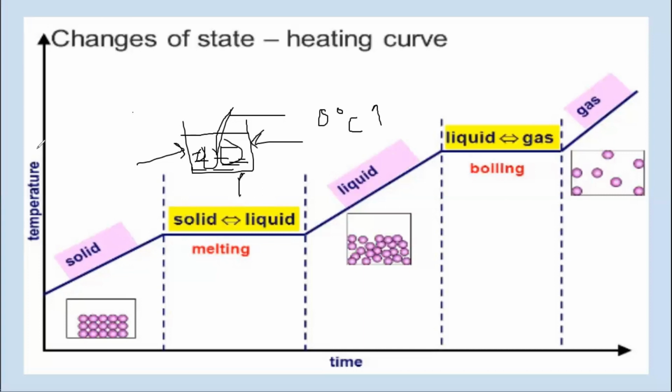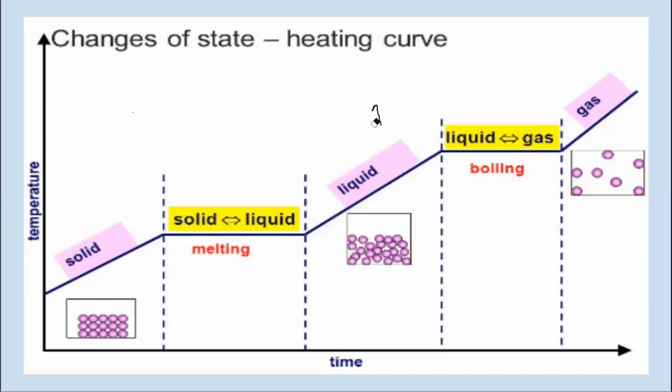So remember one thing: when the change of state is taking place, the temperature does not rise. When the entire solid converts into liquid, then the temperature will rise. When the entire liquid converts into gas, then the temperature will rise. This is the reason you are seeing the rise in temperature. Then it is straight, no rise in temperature. Change of state is taking place, melting is taking place.